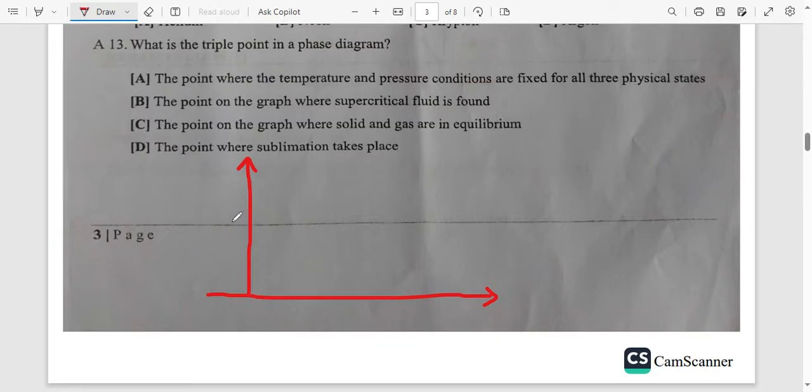In the case of water, you are going to see a line like that, another one like that, and then like that. So in this region, water is a solid. Here it's a liquid, and then here it's a gas. At this point where water exists in all three states of matter, that is what we call the triple point.